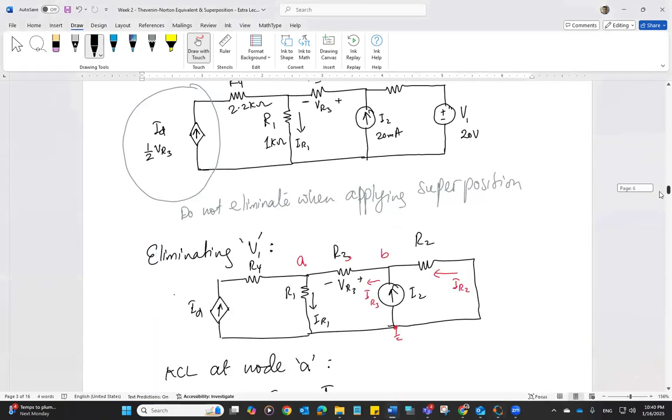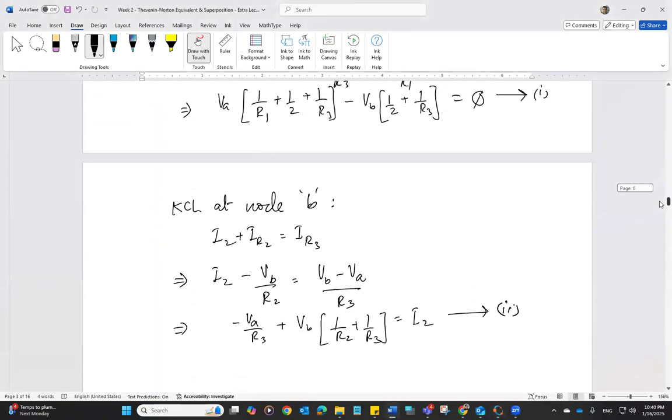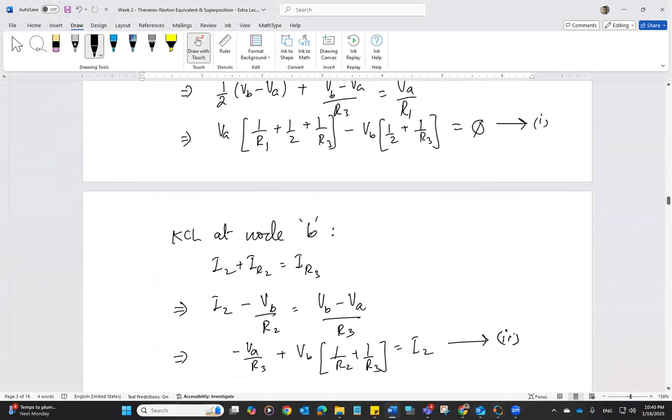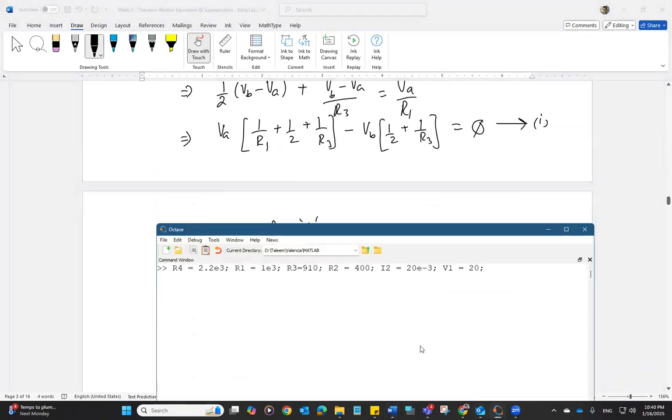So let's go ahead and solve the linear equations from equation number 1 and equation number 2. My coefficient matrix: from equation 1, the coefficients of A are 1 over R1 plus half plus 1 over R3, and the coefficients of B are negative half minus 1 over R3.